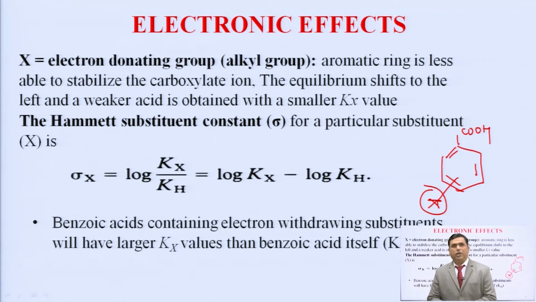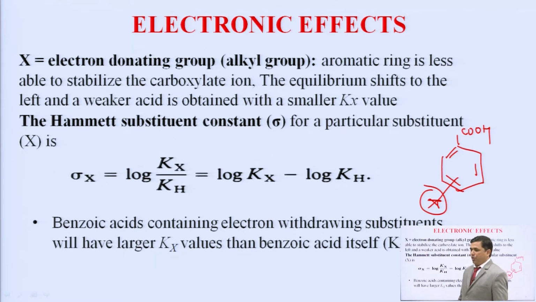So, the carboxylate and the ionization of the compounds we can observe with the help of the substituents present, either the electron withdrawing group or the electron donating group.